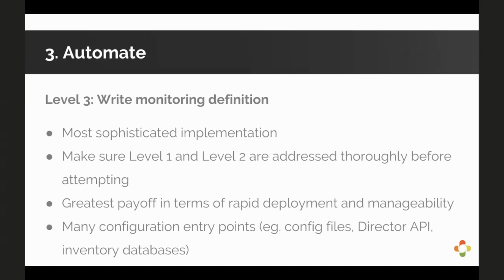So then the third and the most sophisticated level of automation is to have your configuration management system actually write the definitions for how to monitor those machines. This may only work within customer sites where they've already had established configuration management for these things.